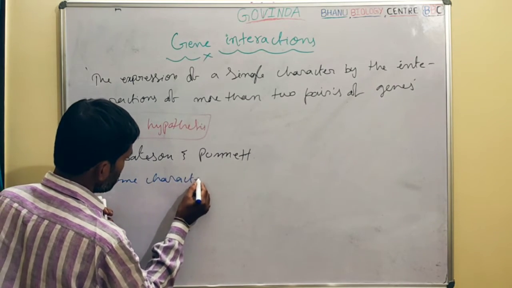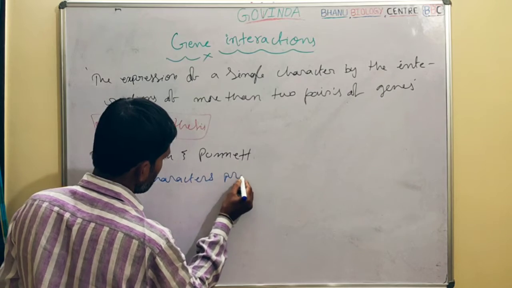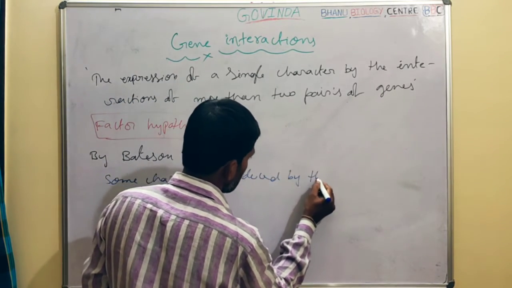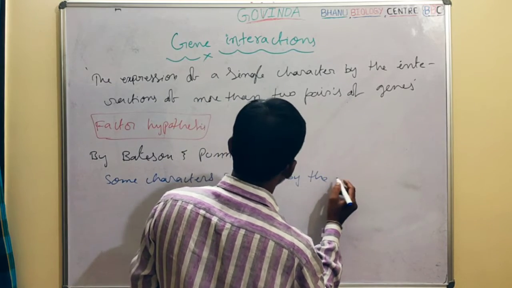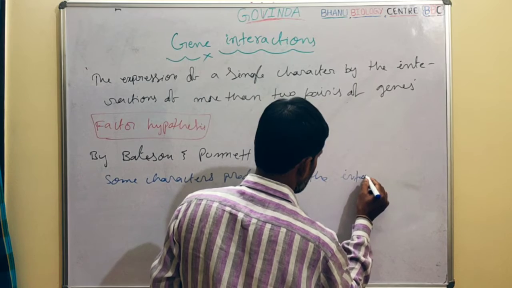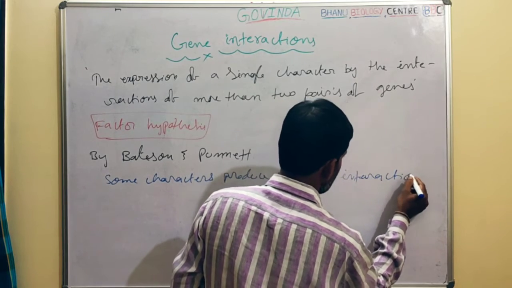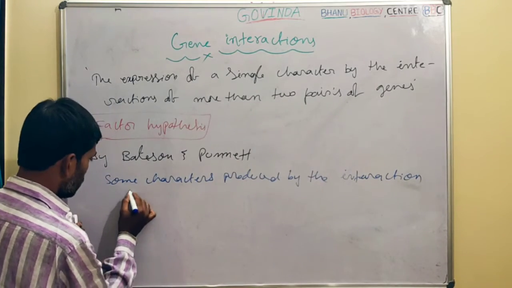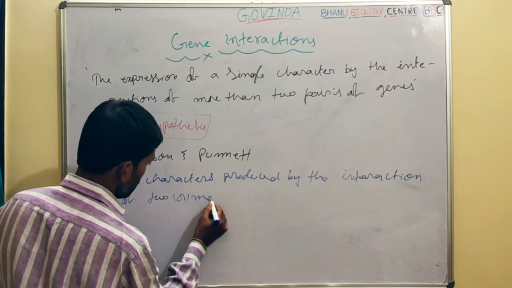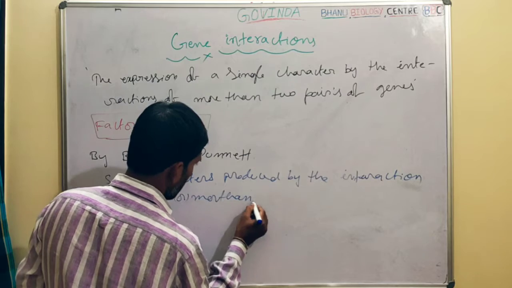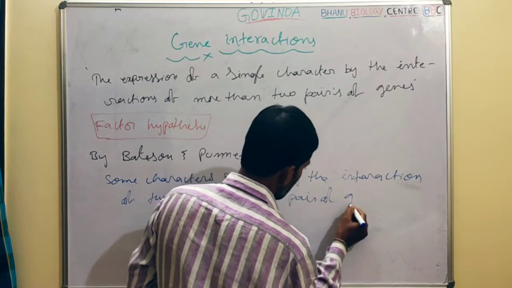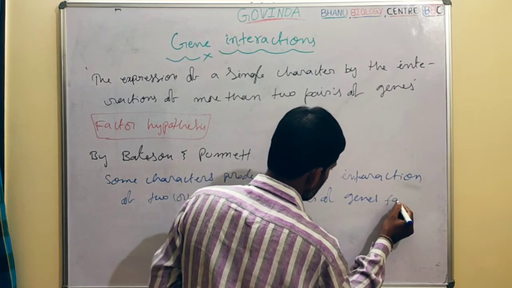Some characters are produced by the interaction of two or more than two pairs of genes.